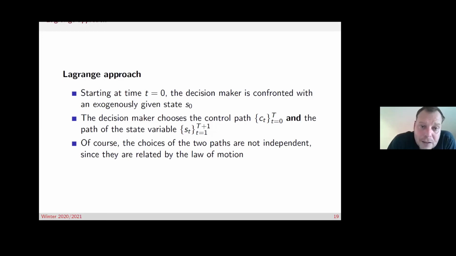You start at the beginning of the planning horizon, and you are in a specific state s0, then I choose not only the control, but also the state variables. Now you would say, hey, hold on a second. Didn't you just some 10 minutes ago say that you cannot choose the state variables?